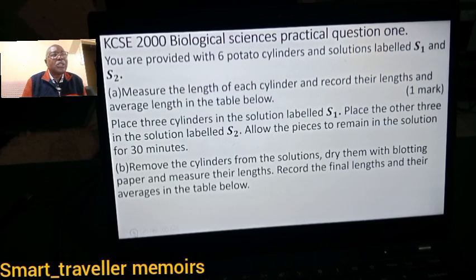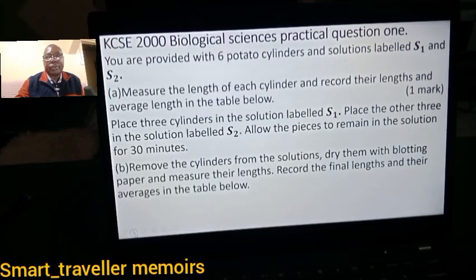Allow the pieces to remain in the solution for 30 minutes. B. Remove the cylinders from the solutions. Dry them with blotting paper and measure their lengths. Record the final lengths and their averages in the table below.